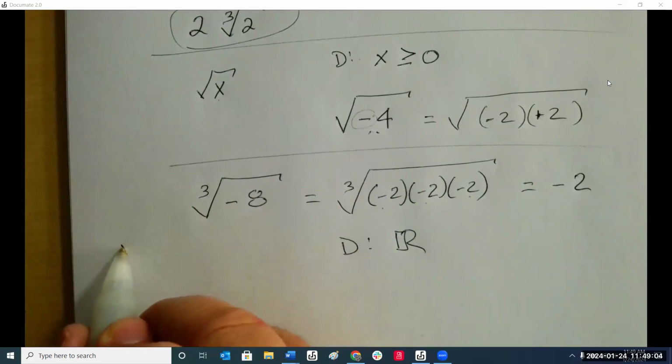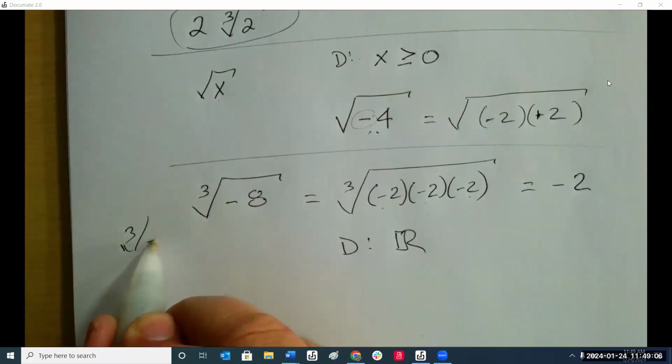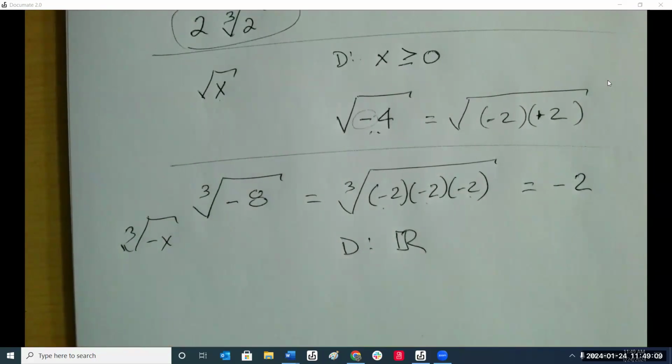So in other words, we can extrapolate. We can now come up with a general idea about radicals.